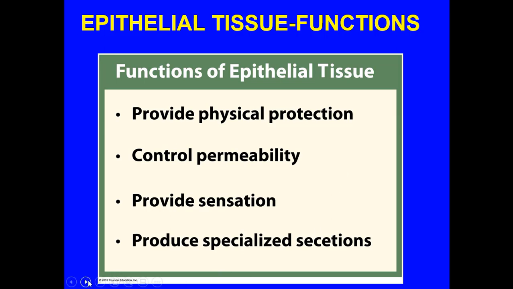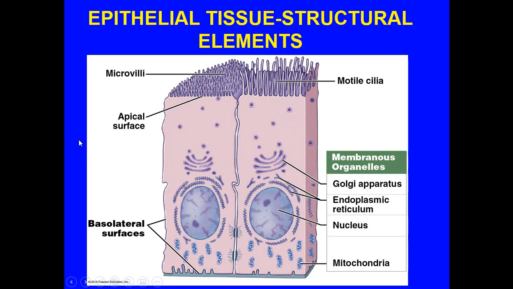Okay? Now, what is very common in different tissue types are structural elements. Here, epithelial tissue has unique structural elements. They will either be extensions on the cell membrane, and there's a difference between one side of the cell and the other. But we'll go through those parts in a minute.